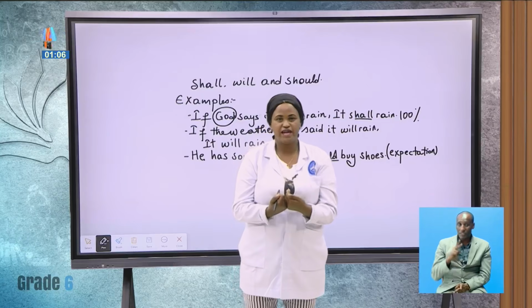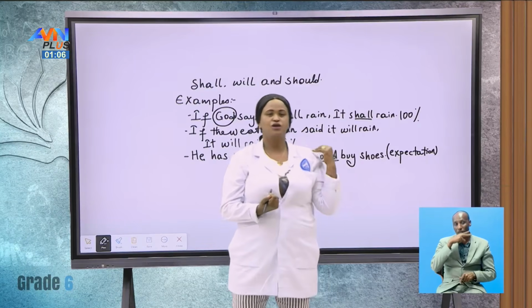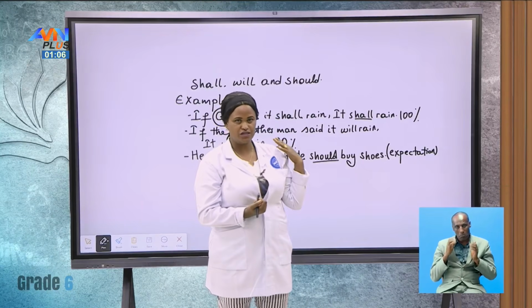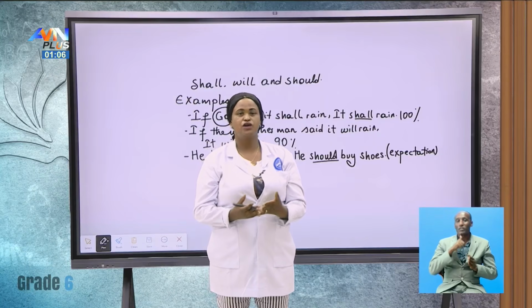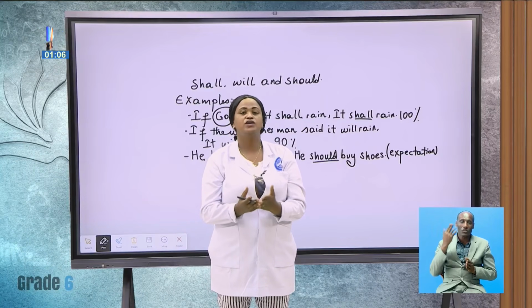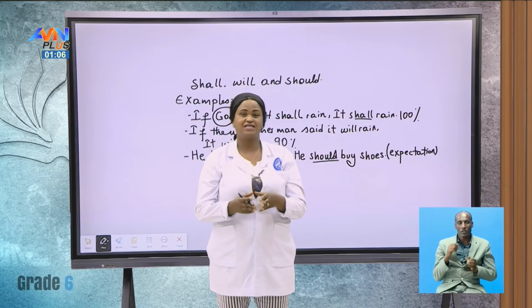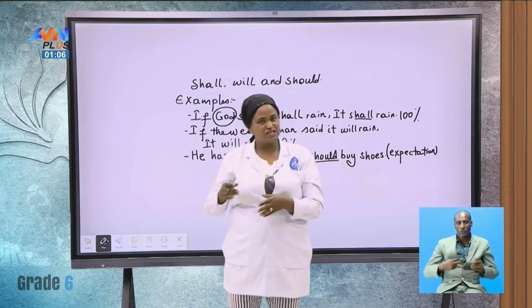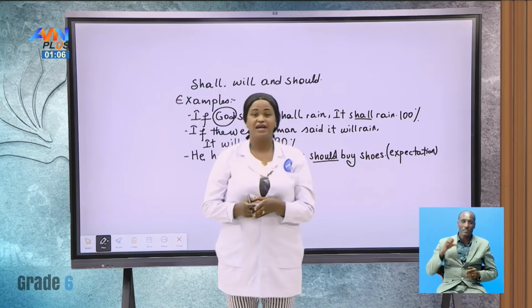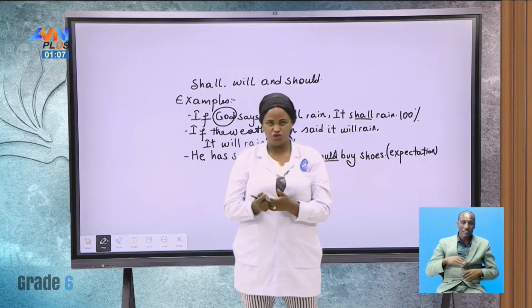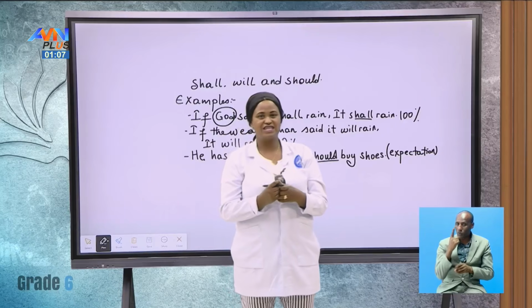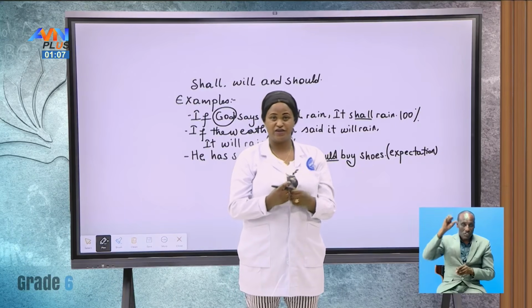Now, for today, we have seen these modal verbs or modal auxiliaries, may, might, and could on the first, which are used for a possibility less than 50%. And on the second phase, we have seen shall, will, and should. In this case, our possibility rate is higher than the previous one.